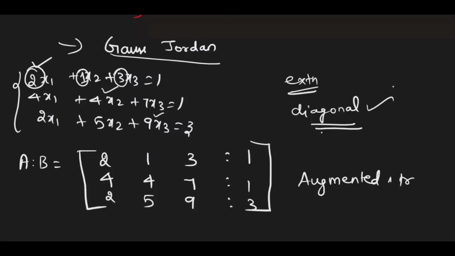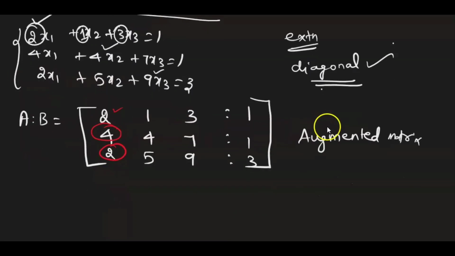Now the first step will be the same as the Gauss elimination method. That is, we are going to make the values below 2 as 0, that is 4 and 2, because the first diagonal element is 2, right? So that should be non-zero. Below that I'm trying to make the other values 0. R2 is 4, right?